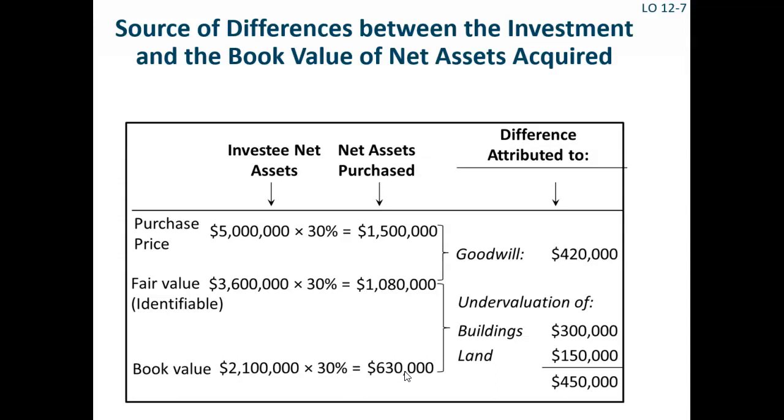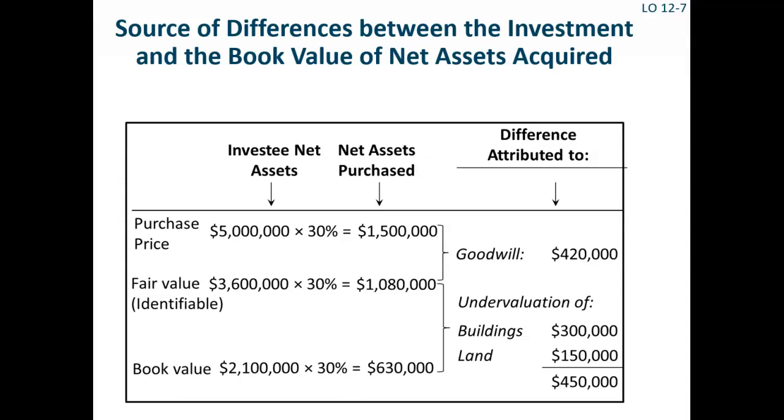In our example, United needs to make adjustments for the fact that at the time it purchased its investment in Argent, the fair values of Argent's identifiable net assets were higher than the book value of those net assets on Argent's balance sheet.